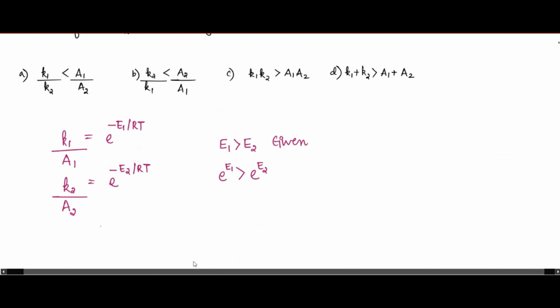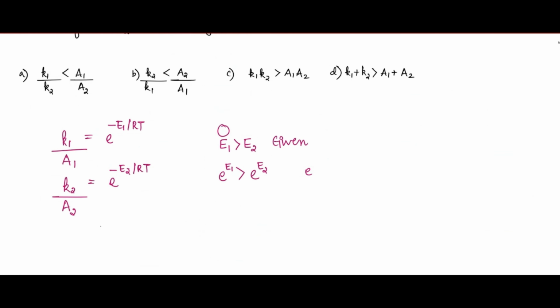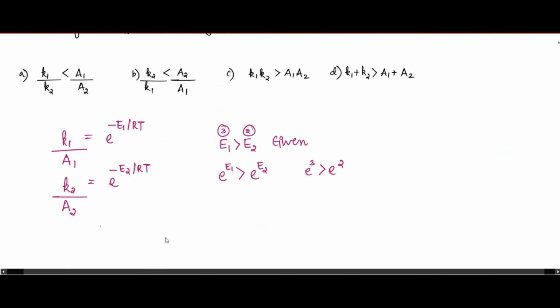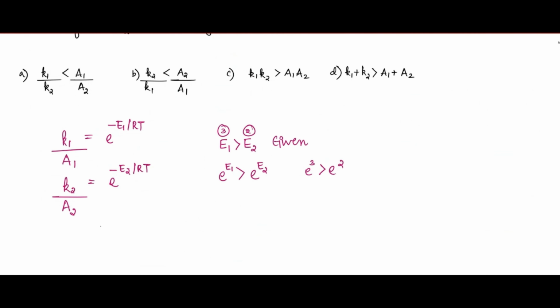For example, let's say this is 3 and this is 2. For the sake of understanding, let's take two random values. So e cubed will be greater than e squared. But here the exponent is not positive, it is negative.